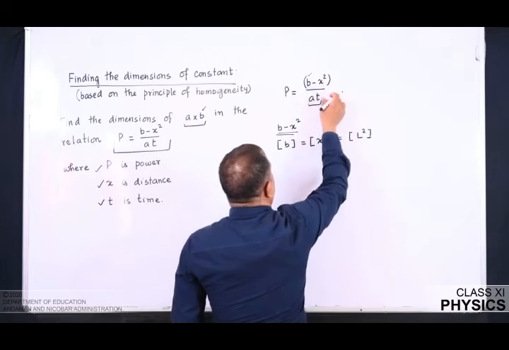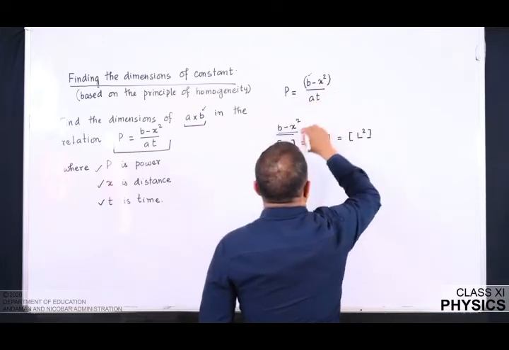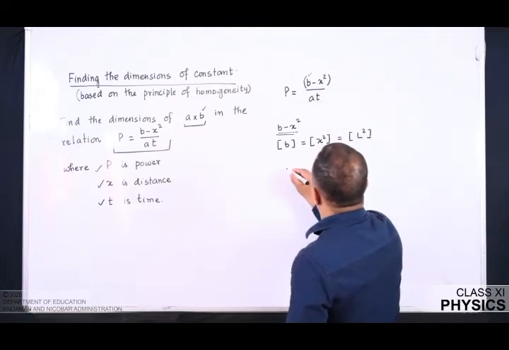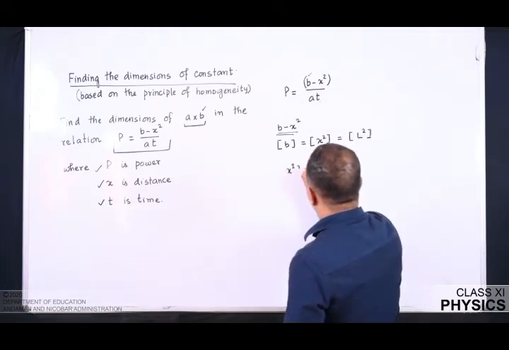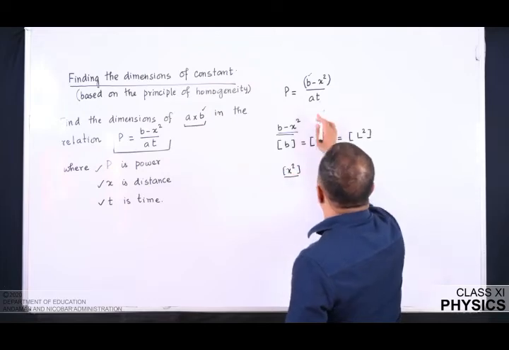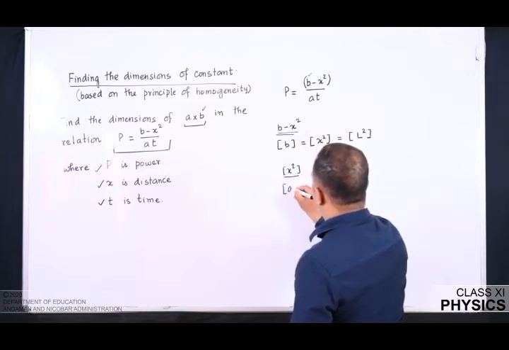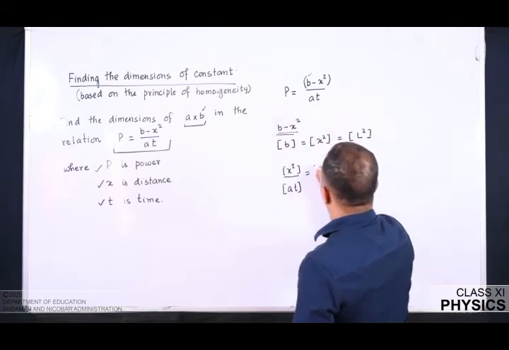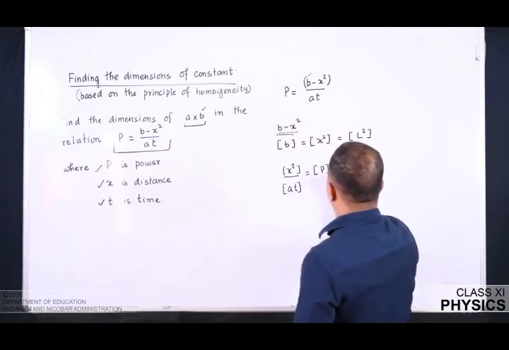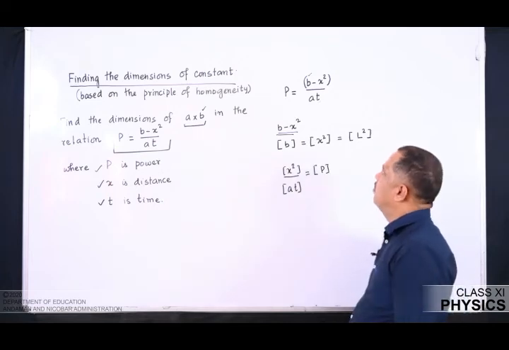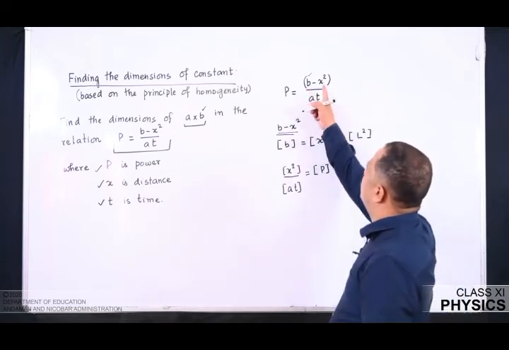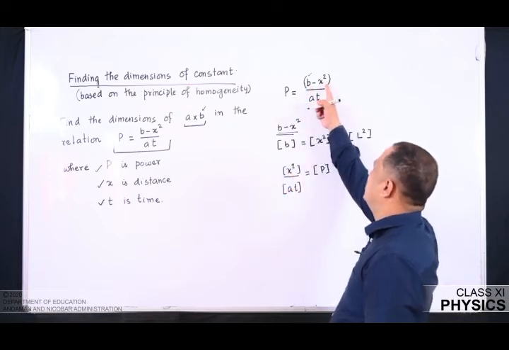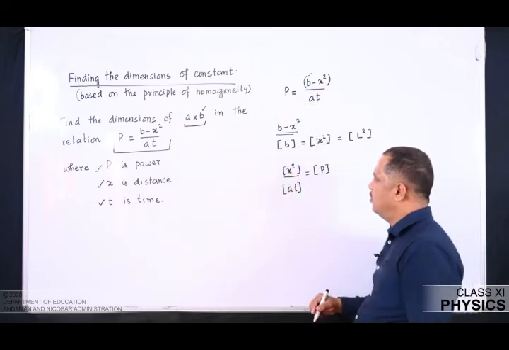So, I would say that the dimension of x square over the dimension of A t must be equal to the dimension of power, because in the numerator these two dimensions are the same. I am talking about dimension. So, the dimension of either B minus x square or simply x square, both are the same.